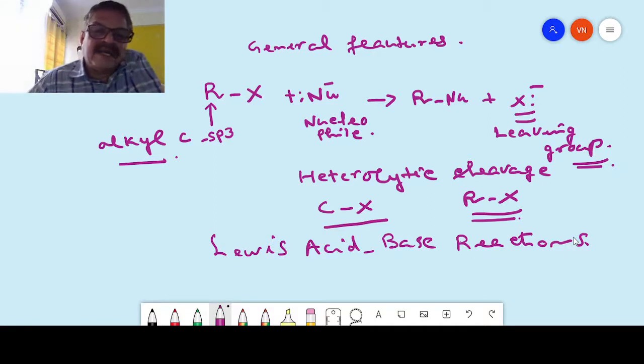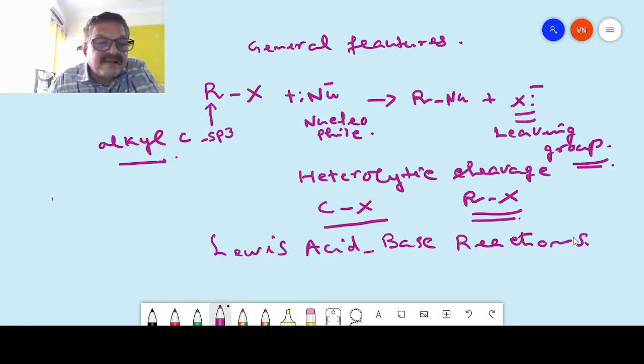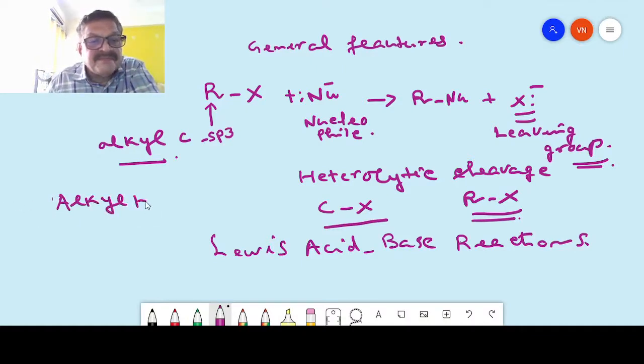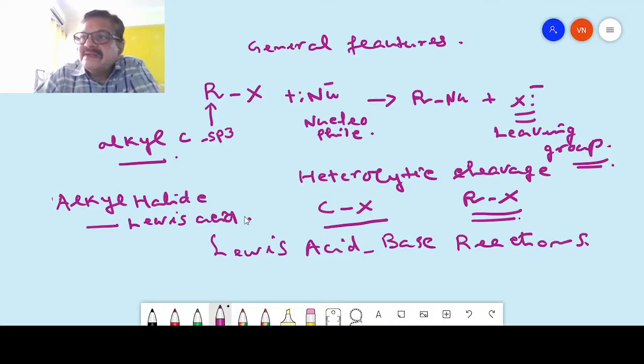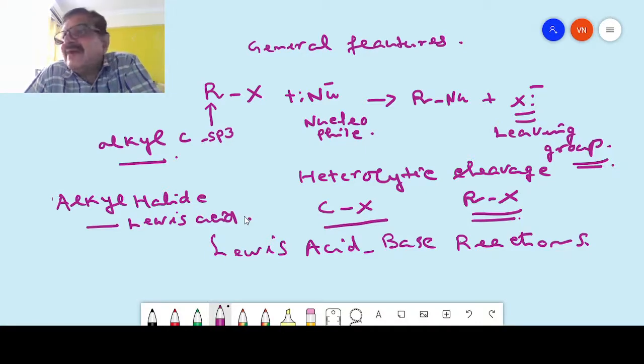Now the alkyl halide is the Lewis acid, and it will accept the electron pair, because Lewis acids are electron pair acceptors, as we have seen. So the alkyl halide acts as the Lewis acid. It will accept the electron pair donated by the nucleophile, because the nucleophile is an electron-rich species.